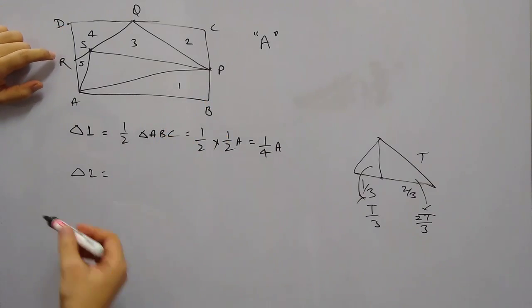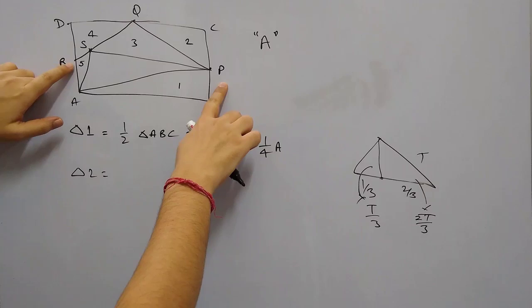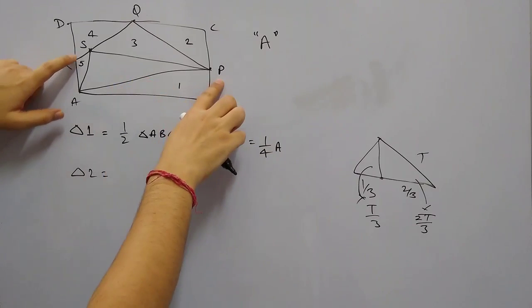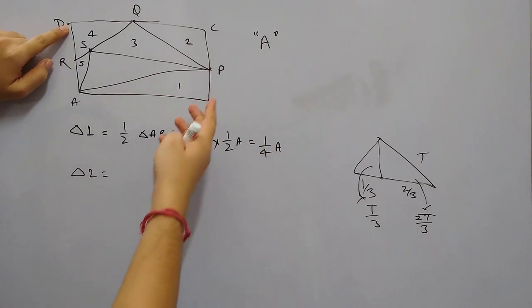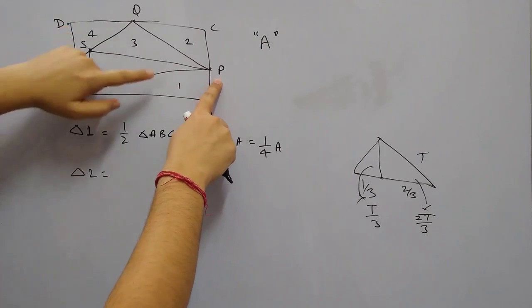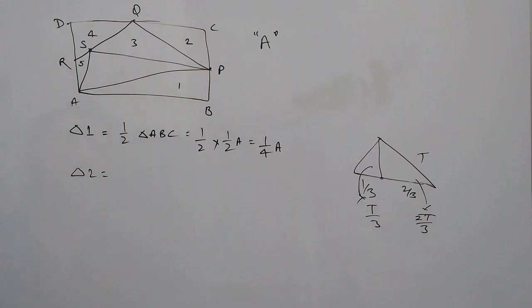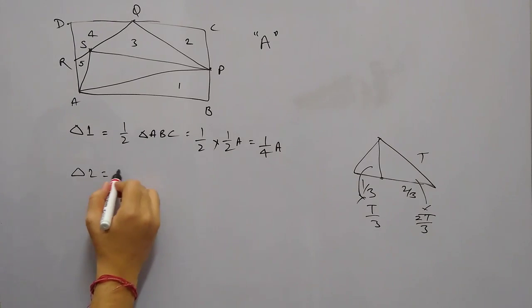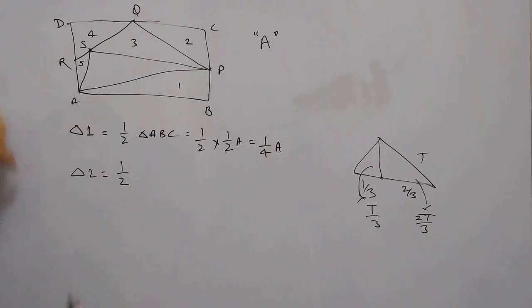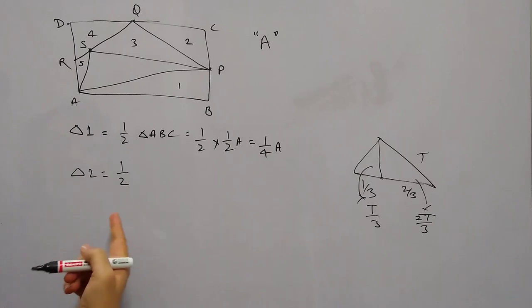Think of it this way: if we join PR, PR divides it into half, and PD will divide it into a further half, that is 1/4th. And PQ will divide PD into 2 equal halves. So PQ will divide this entire rectangle into 8 equal parts, right? I'll explain it for triangle 2, and for the next triangles I'll just directly write it.